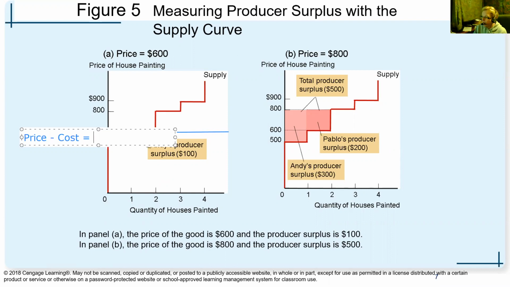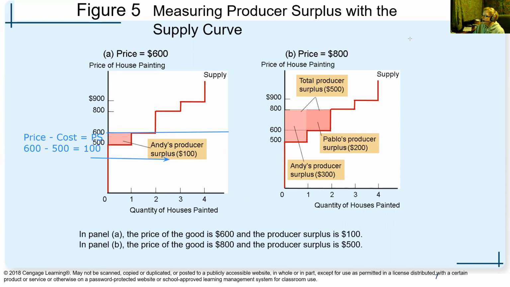In this case, the price is $600 minus the cost, so our producer surplus is $100. Okay, so Andy's producer surplus is $100, and that's how we figured out this particular number right here.